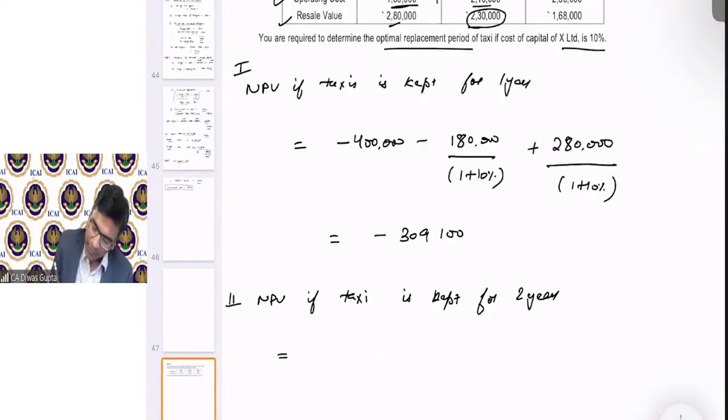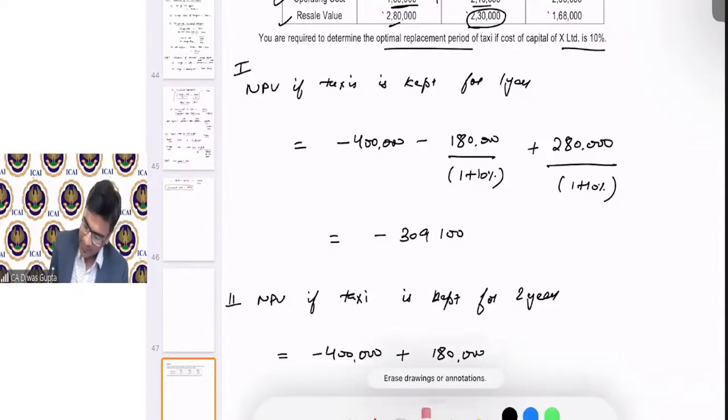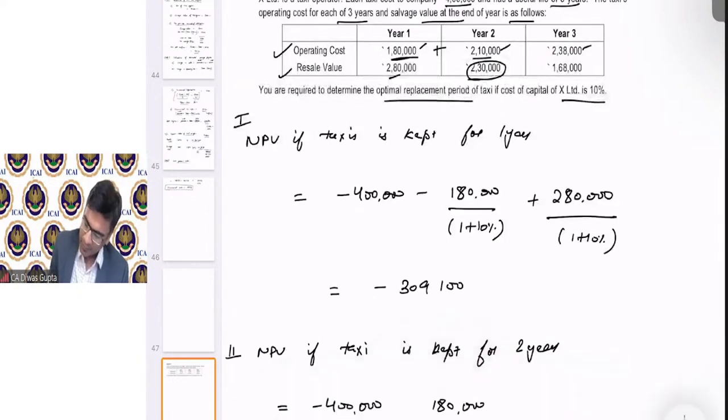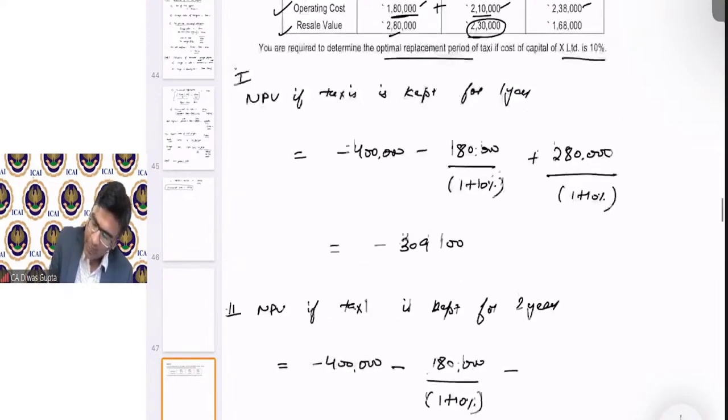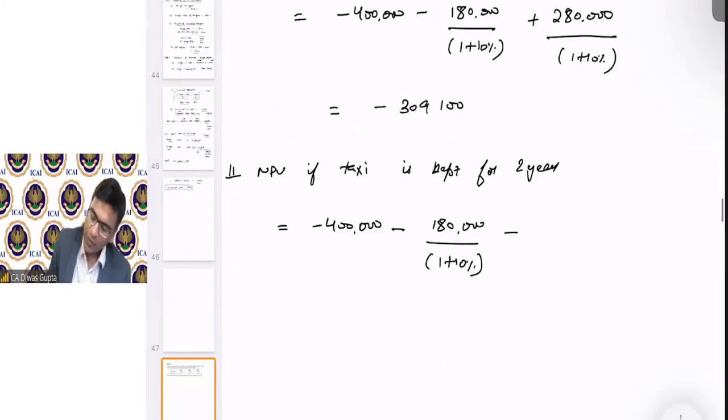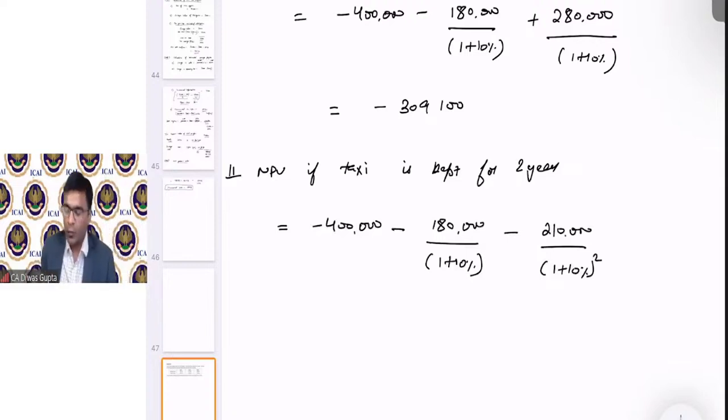The second step: NPV if the taxi is kept for 2 years. 4 lakh will be the year zero outflow, minus 1,80,000 will be spent, because this is also an outflow, divided by 1 plus 10%, minus for year two, the operational cost of 2,10,000. For 2 years, we have to do the discounting.